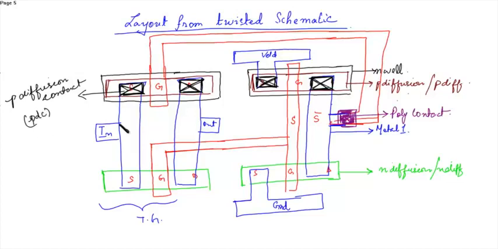Similarly, you have to connect the N diffusion layer with the metal. So this is the N diffusion contact, or the NDC contact.